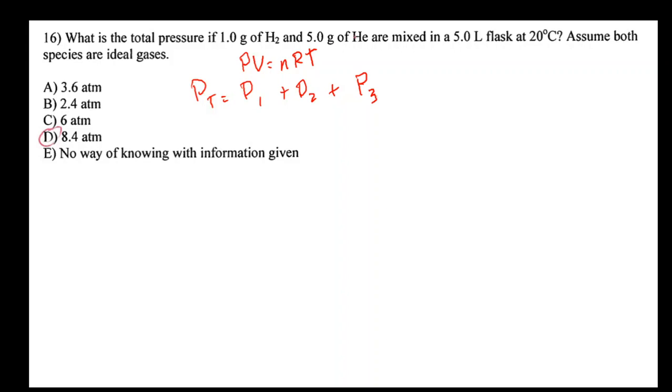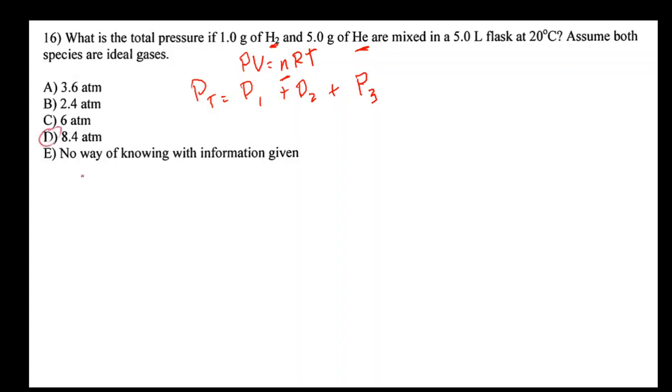So in this case, we are dealing with helium and hydrogen, so we only have to deal with 2 gases. They want the total pressure, so we need to figure out how many moles of gas we are dealing with in total. We have 2 of these in grams, so we're going to need to convert both of these to moles.